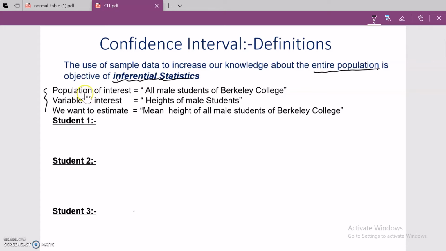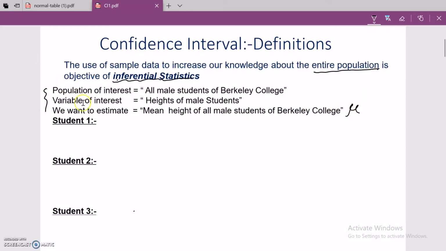In this research question, the population of interest is all male students of Berkeley College. The variable of interest is the heights of the male students. And what I want to estimate is the average height, the mean height of the students. I want to estimate mu, the population mean.